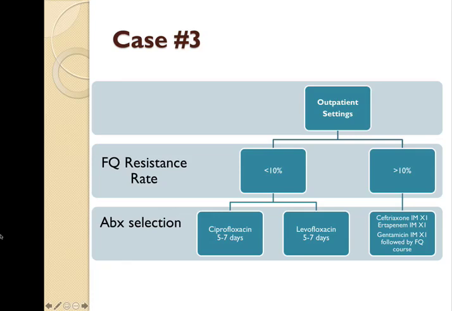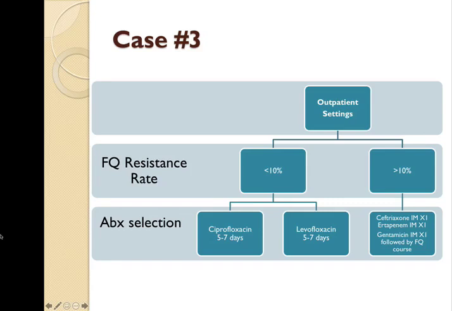A lot of recommendations these days use the fluoroquinolone resistance rate to give you choices. If your local fluoroquinolone resistance rate in the community is less than 10%, fluoroquinolones are considered an appropriate option, either ciprofloxacin or levofloxacin. Alternatively, if these are not an option, ceftriaxone daily, IV daily infusion for 10 days would be an alternative.